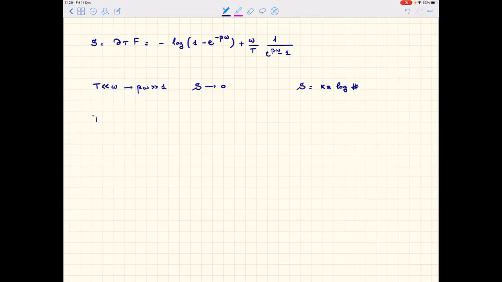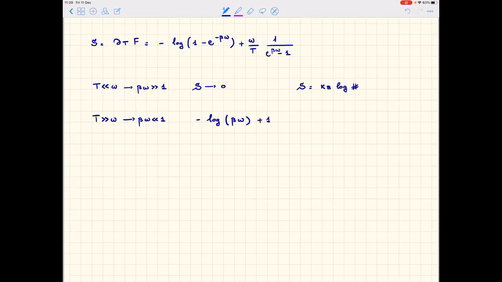Now, in the opposite limit, temperature much larger than omega, which means beta omega much smaller than 1, what happens? What happens is that your entropy becomes, you expand all the exponentials, so you get log of beta omega plus 1.